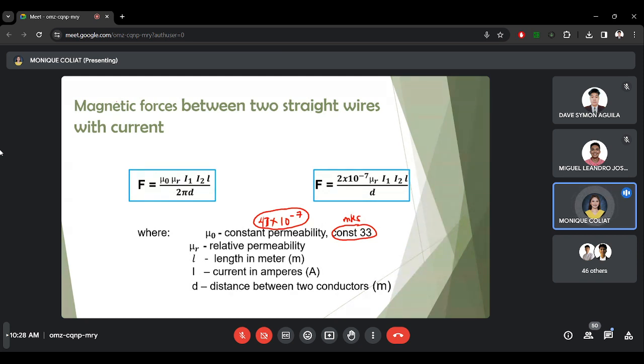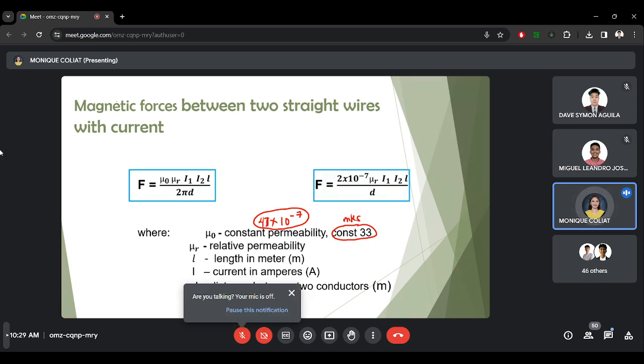Okay, then we have the relative permeability. Relative permeability again, if it is given, you will use that. If it is not, then you will use 1. Okay, and then the relative permeability of air, vacuum, and let's say free space, you will use 1. Okay, that is for the relative permeability.